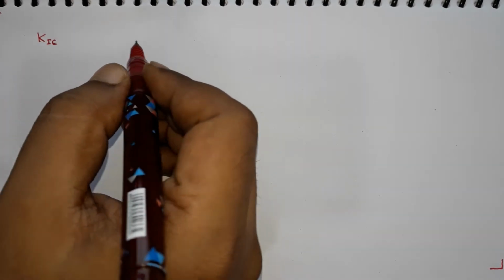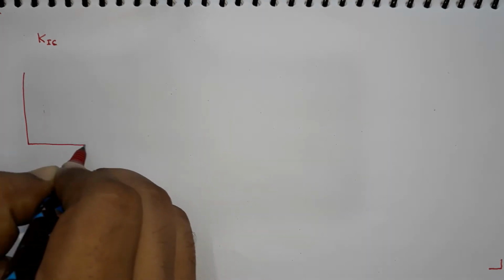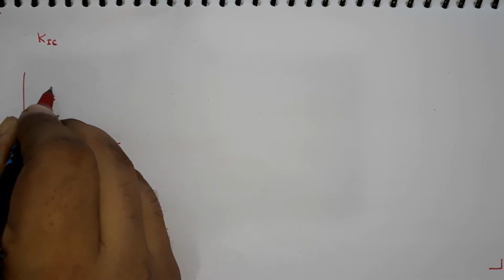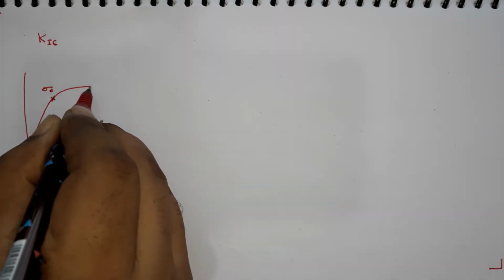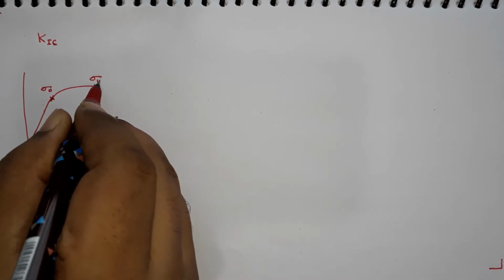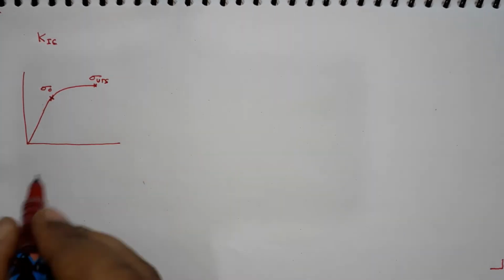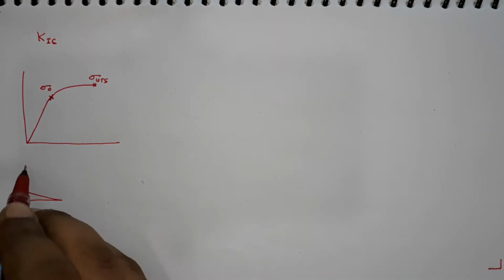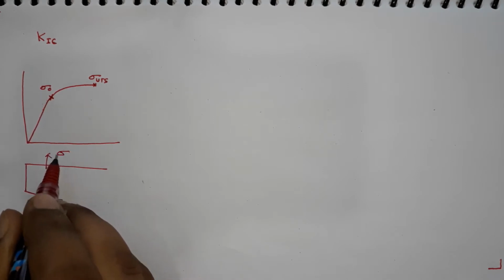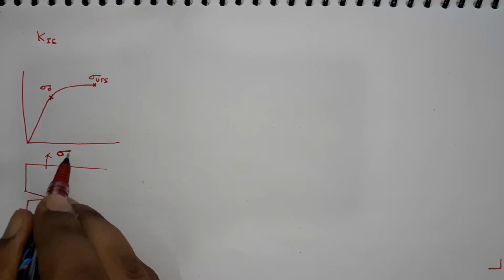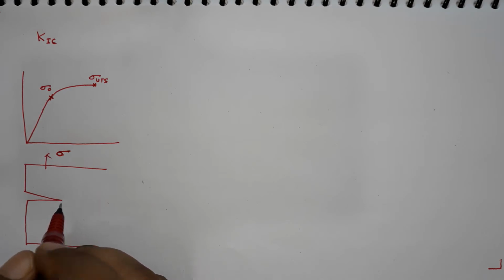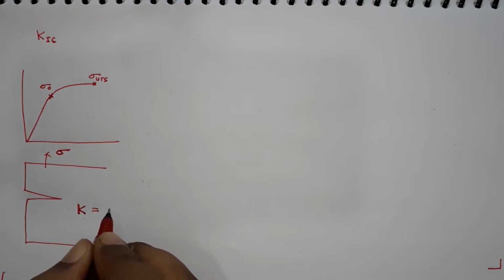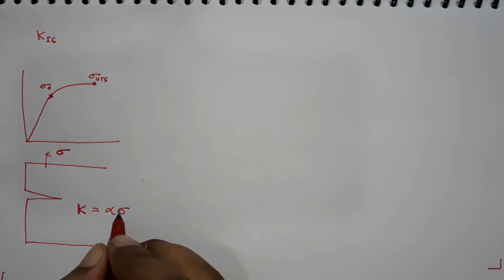It is similar to how in stress strain curve the stress increases and it reaches a value where we want to define the yield strength, then there is a value where we want to define the ultimate tensile strength. Similarly, as we increase the stress on a specimen which has a crack already, and we keep on pulling it and we apply a value of a stress which will be increasing gradually, then we will be increasing the K value, which will be some constant into sigma root pi a.